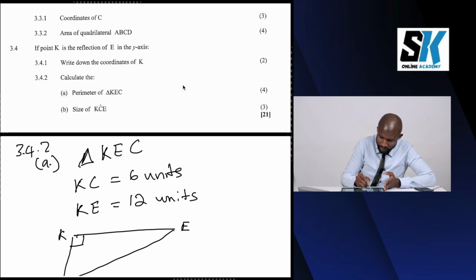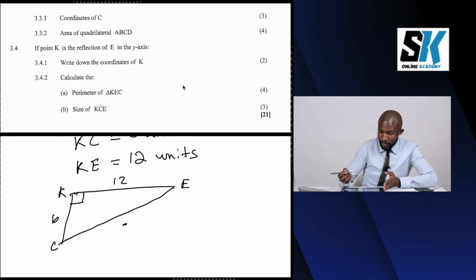So here we have 12 units, and from K to C we have 6 units, and then we need this value here, which is the hypotenuse if you apply the theorem of Pythagoras.